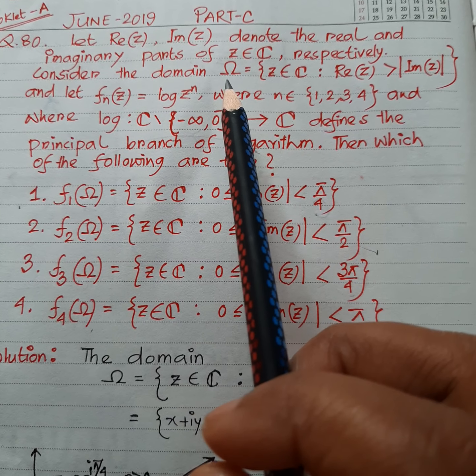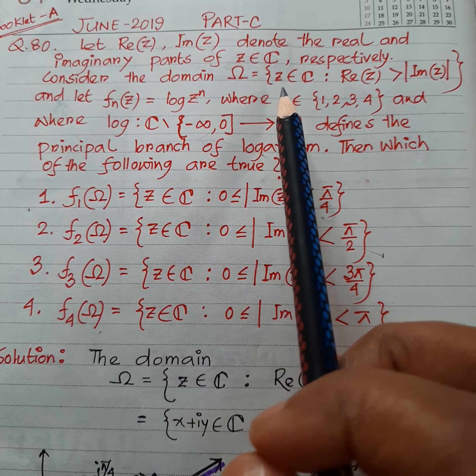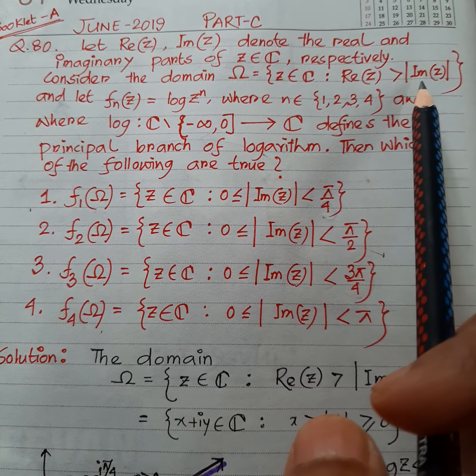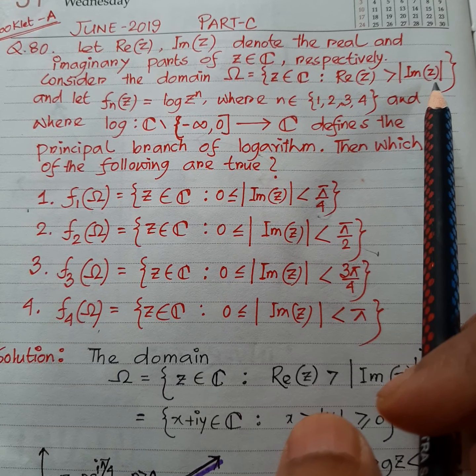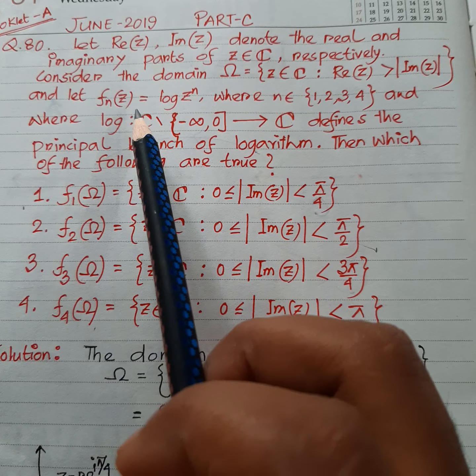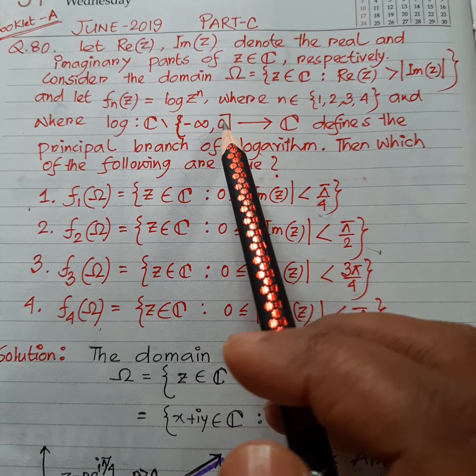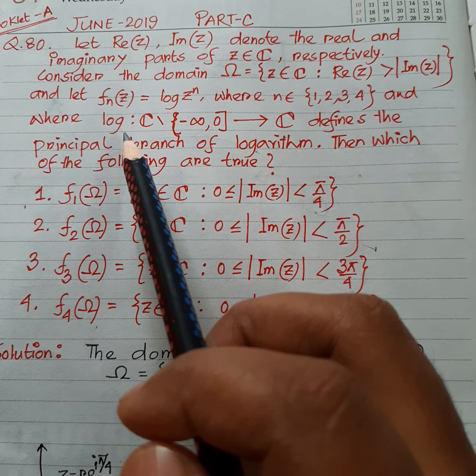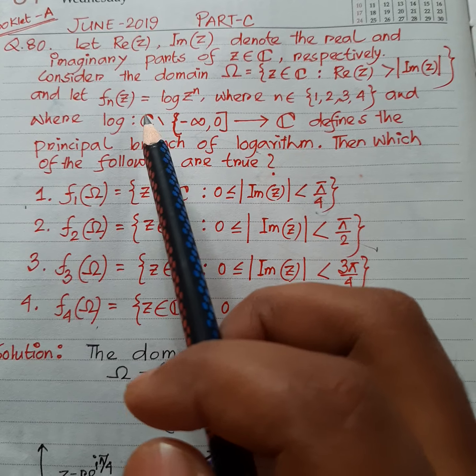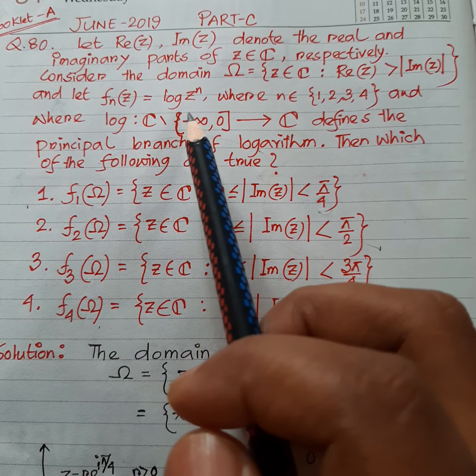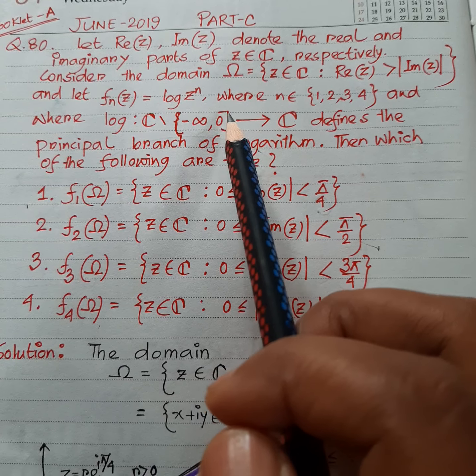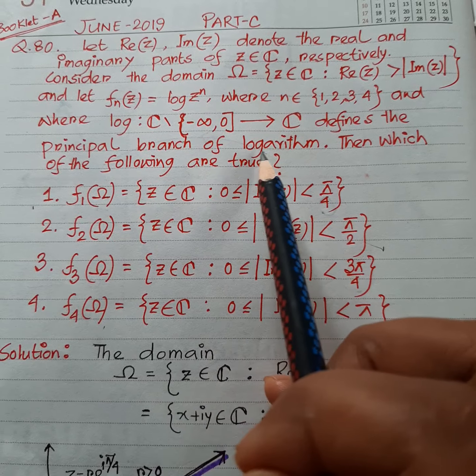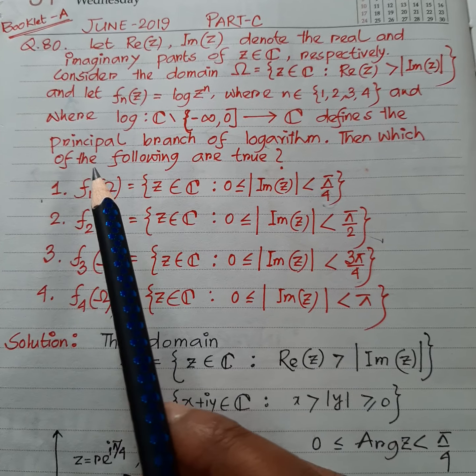Consider the domain Omega equal to z belongs to C such that Re z strictly greater than modulus of imaginary part of z, and let f_n(z) equal to (log z)^n, where n belongs to 1, 2, 3 and 4, and log is the function whose domain is C minus (-infinity, 0] closed to C, defines the principal branch of logarithm. Then which of the following are true?